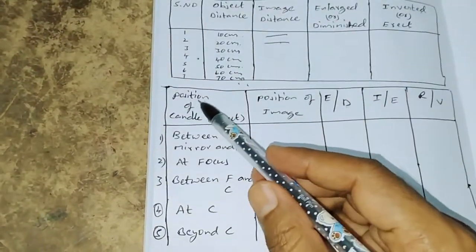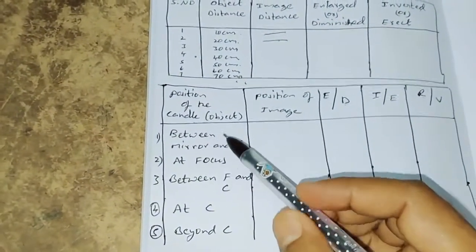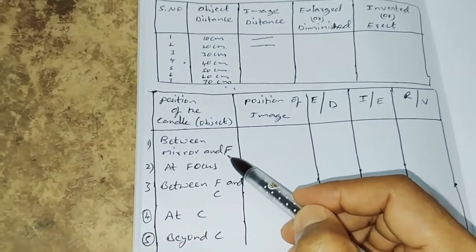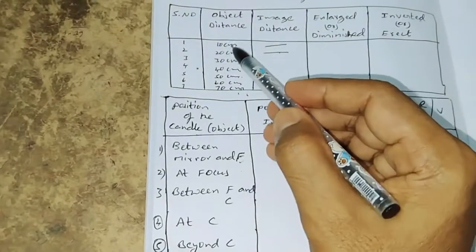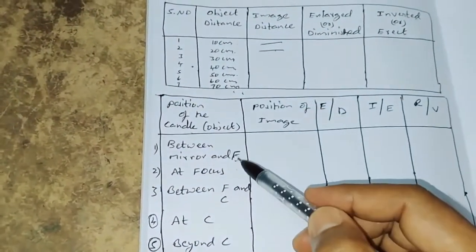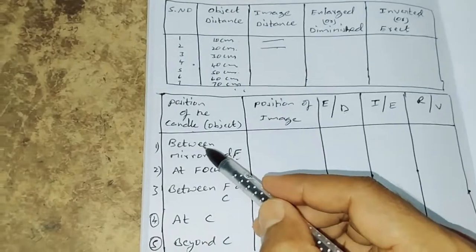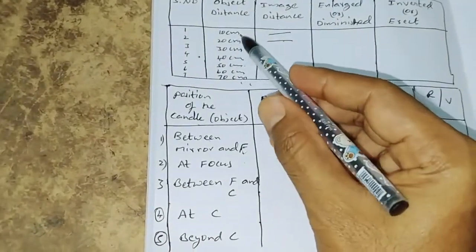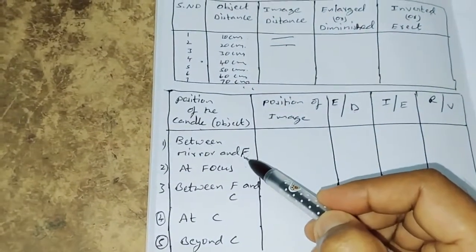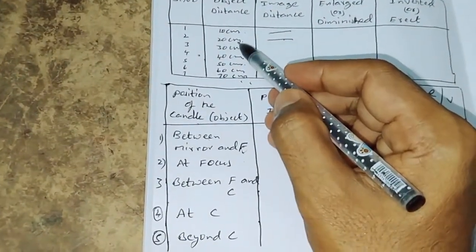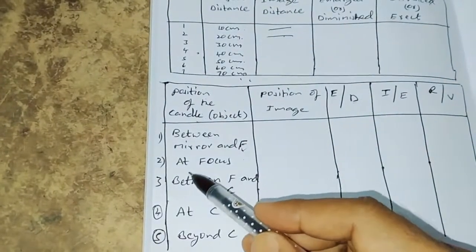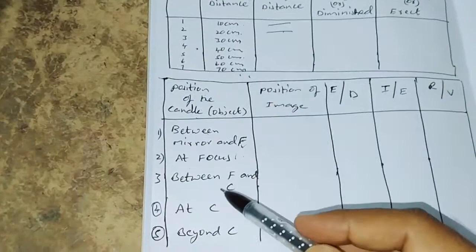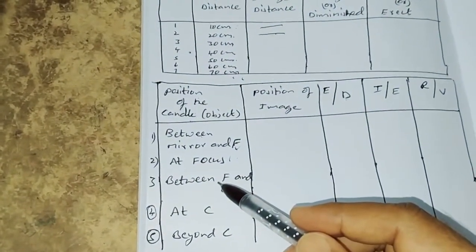Okay, what is the first position of the candle? For example, if the focal length value is 20 centimeters, let us assume, then 10 centimeters means the object will be between mirror and focus, less than 20 centimeters. Then 20 centimeters means the position of the object is at focus. Next, 30 centimeters means in between 20 and 40.